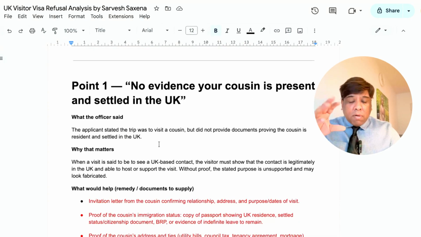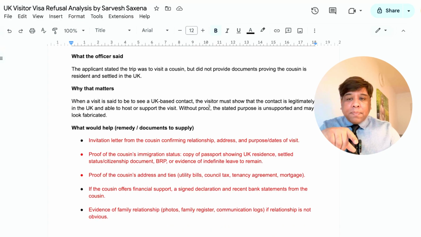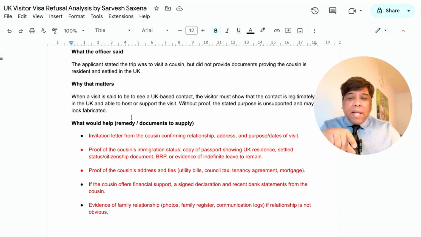Point one of the letter says, no evidence of your cousin present and settled in the UK. I've highlighted that. So, when you are saying that you want to visit somebody in the UK and they are based in the UK, you need to satisfy the visa officer that this person actually exists. He is living in the UK and has a settled status or is a British citizen.